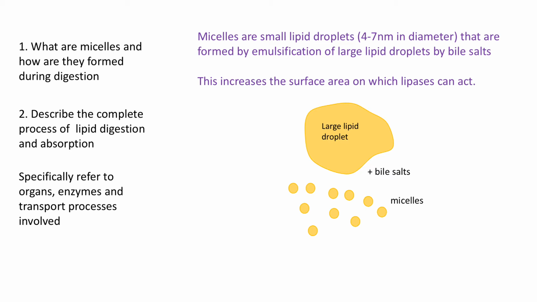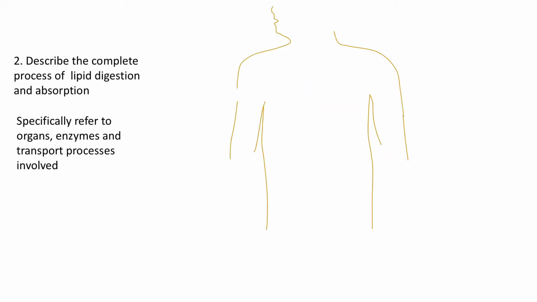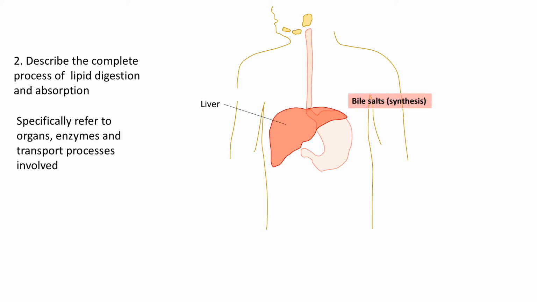Okay, so let's move on to part 2. The first organ you should have mentioned is the liver. That's where bile salts are made or synthesized. From there, they move to the gallbladder, where they're stored and secreted.